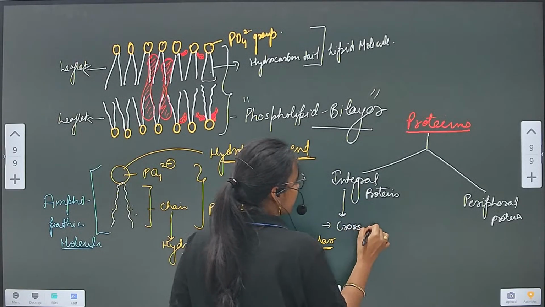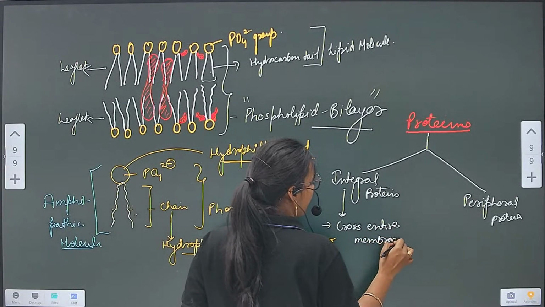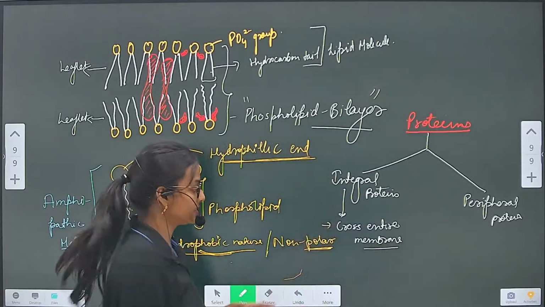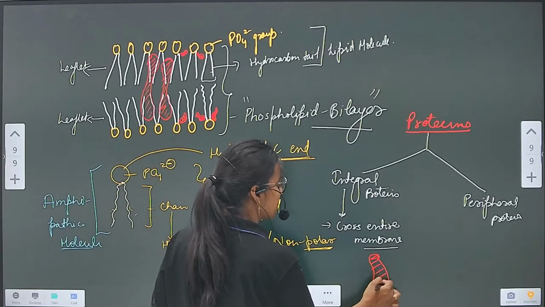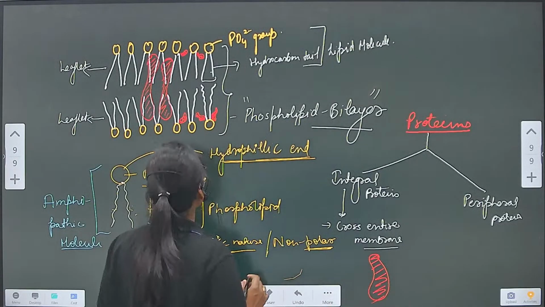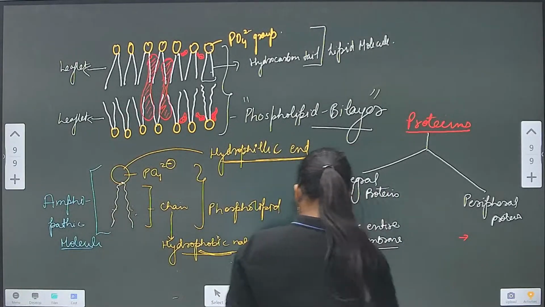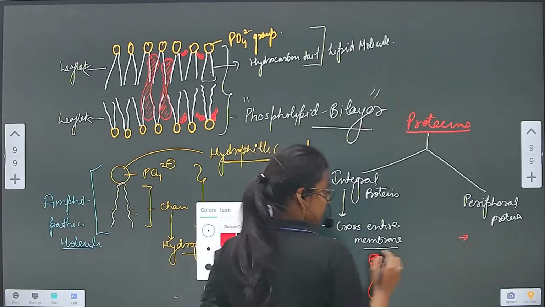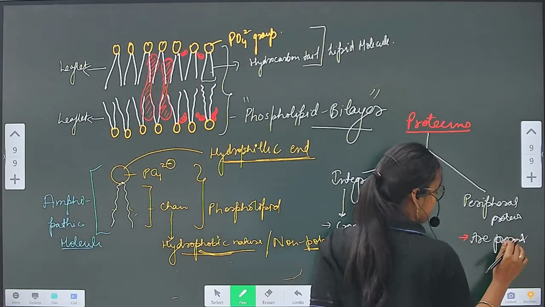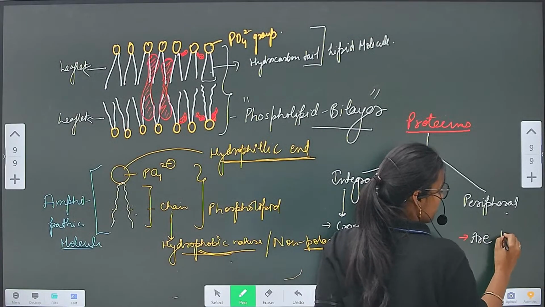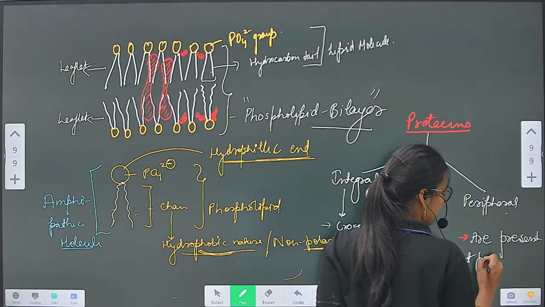Okay, the ones that cross the entire membrane are called as integral proteins, like the bigger red color proteins like this. And the ones which are located at peripheries like this are called as peripheral proteins, present at periphery.